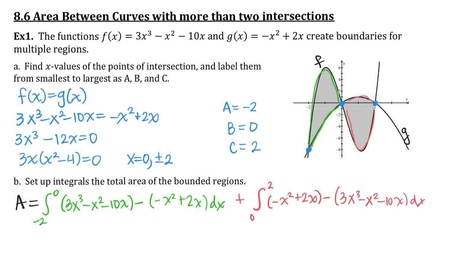Okay, I know we're not going to solve it, but I am going to simplify it a little bit because if I was going to solve it, I would want it a little bit nicer. Let's see, 3x to the third, I'm going to keep it 3x to the third, negative x squared minus negative x squared is positive x squared, so they cancel, and negative 10x minus, that's negative 12x.